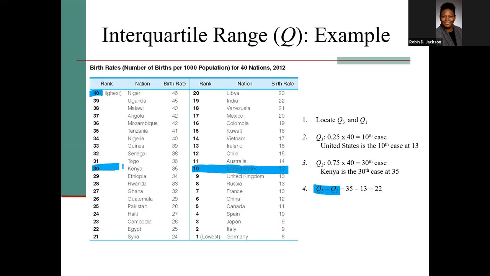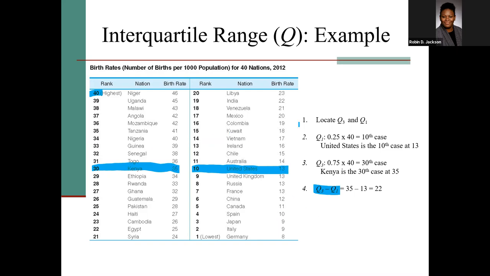Case number 30 is going to be the third quartile, if you will.